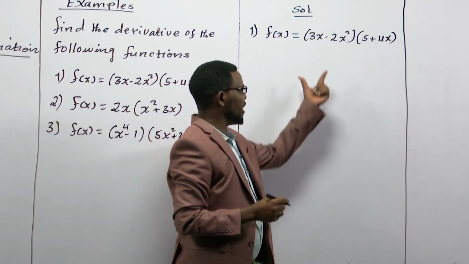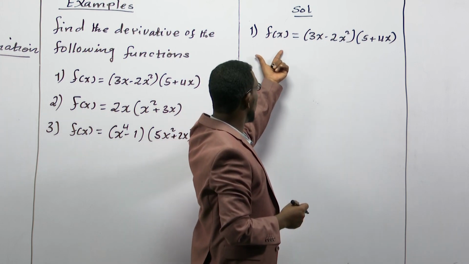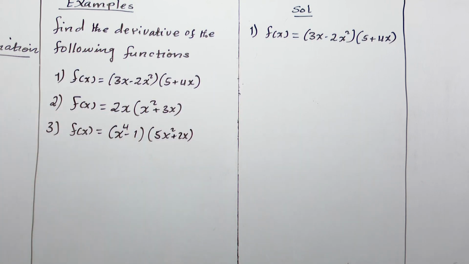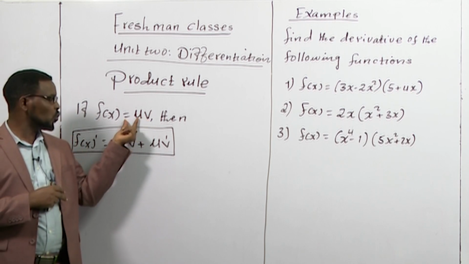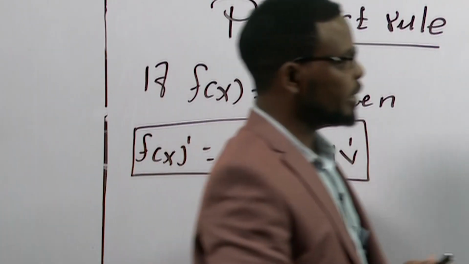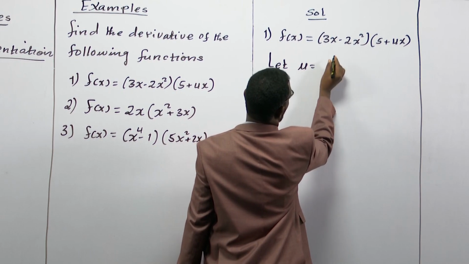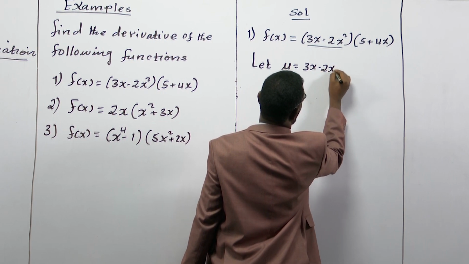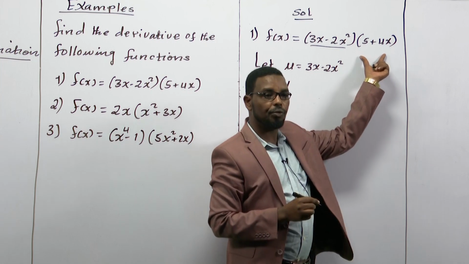The first step: we should take u and v, because in our formula we assume the two functions stand for u and v. Let's assume u is equal to the first function, 3x minus 2x squared, and phi is equal to the second function.